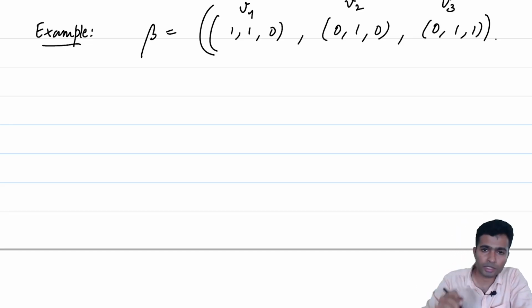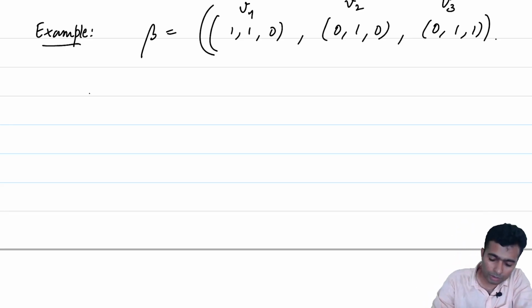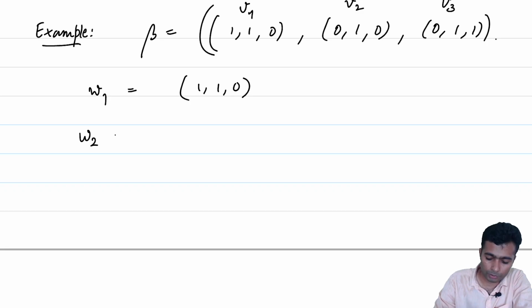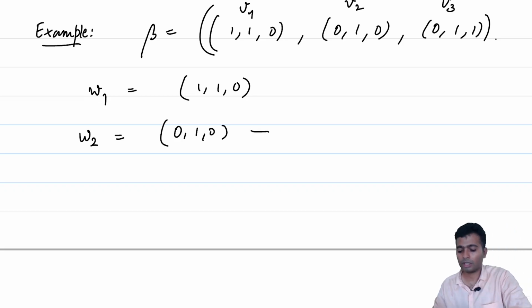So let's apply Gram-Schmidt orthonormalization to it. So what is our W1? W1 will just turn out to be 1 1 0. What is W2? This will be V2, which is 0 1 0, minus the inner product of V2 with W1.